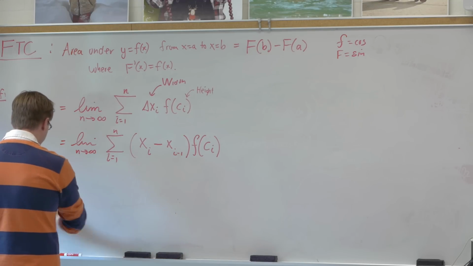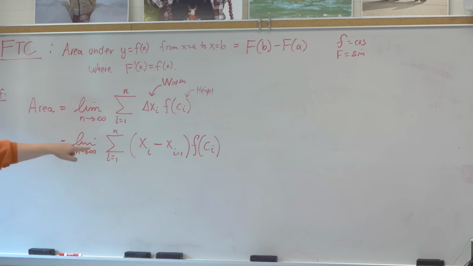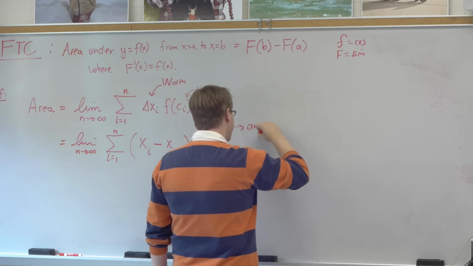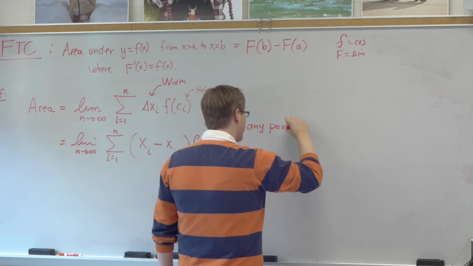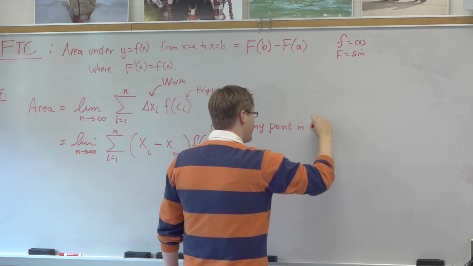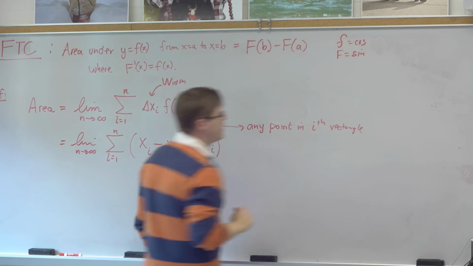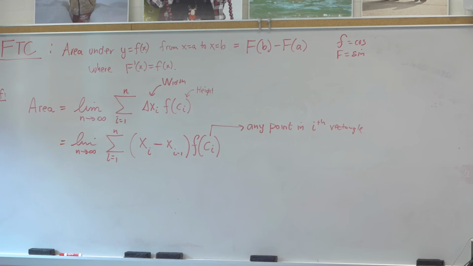Now, what can I do with this? I'm going to pick c i. Because what is c right now? c i is any point in the ith rectangle. It's true for any point in that rectangle. Now I'm going to pick a very special point. It's the point that comes from MVT.